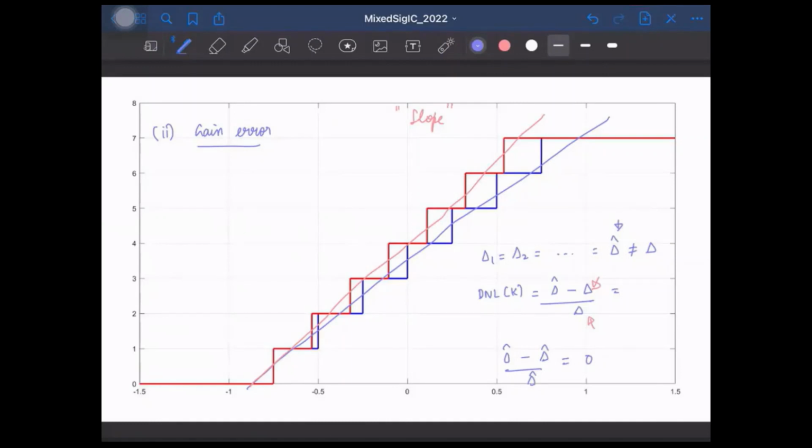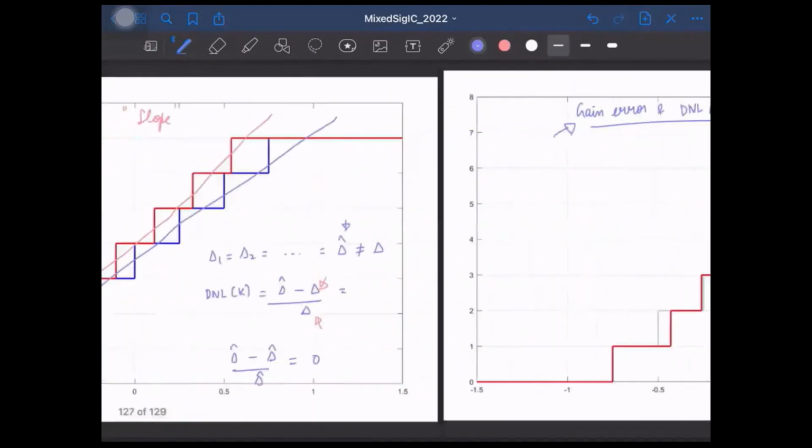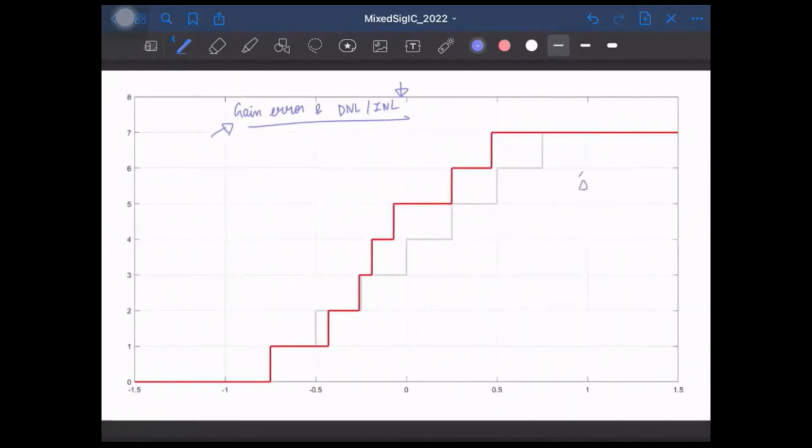Okay. So we need to do a similar thing here, but this curve is not so trivial that we can find this delta hat, right? So instead of finding this delta hat, what we can do is find some kind of an average step size. Okay. So how can that be found?